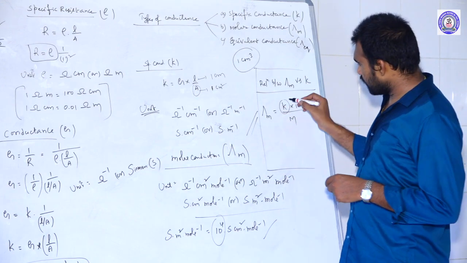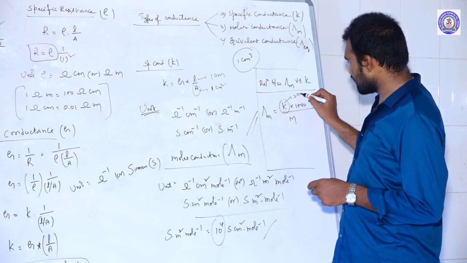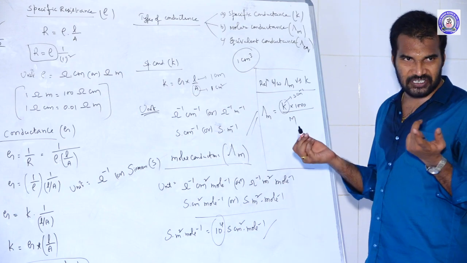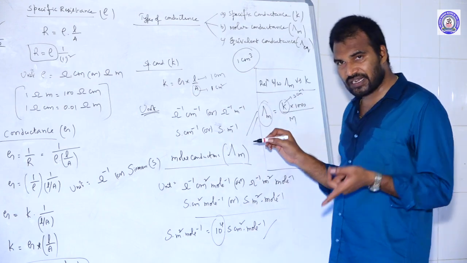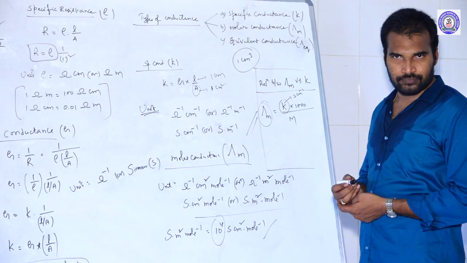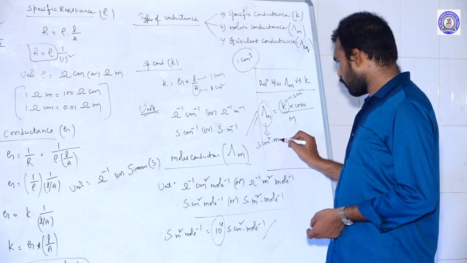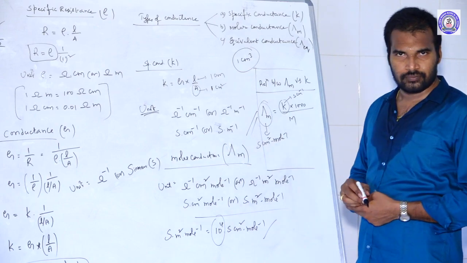Suppose the specific conductance is given in Siemens centimeter inverse, then the molar conductance we will get in Siemens centimeter square mole inverse only.